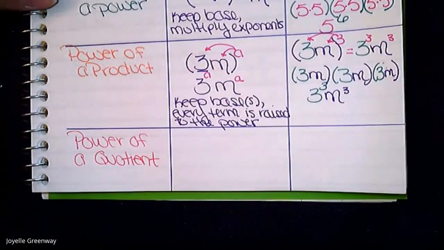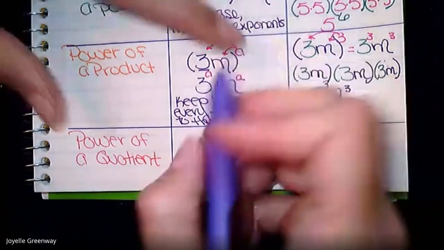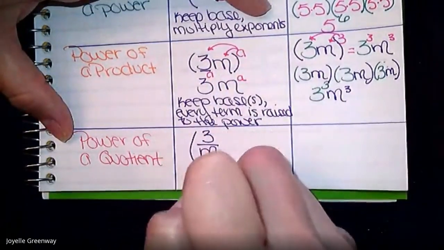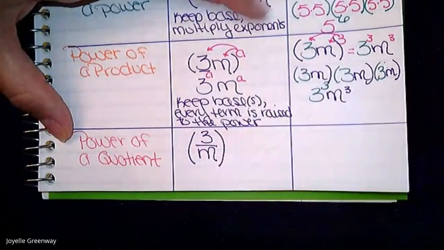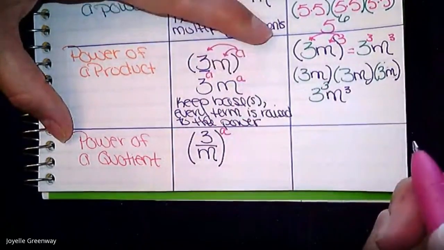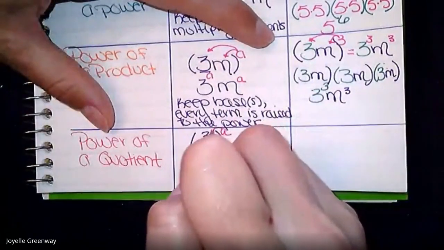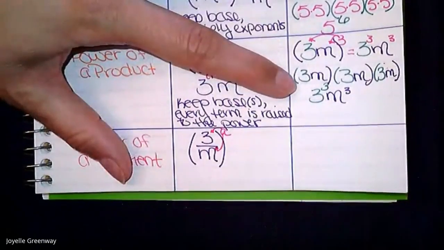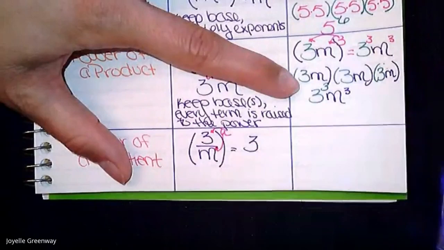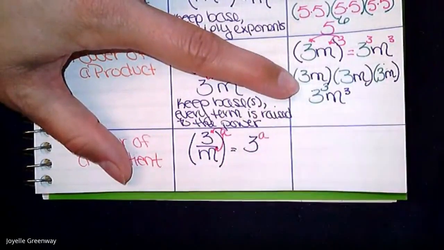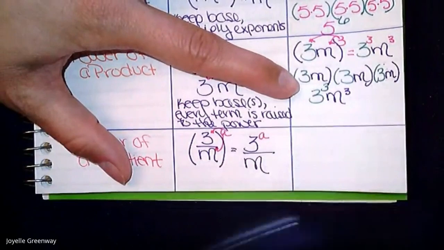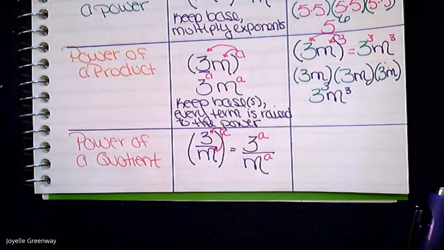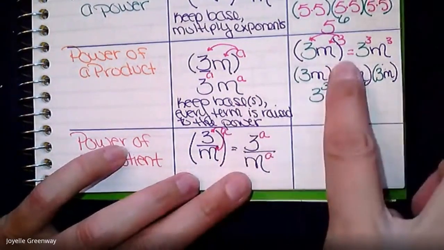So the power of a quotient, that's like if I had 3 divided by m to the a power. I still give both terms that exponent. So that's 3 to the a divided by m to the a. Okay, and that's the same thing as we did up here.